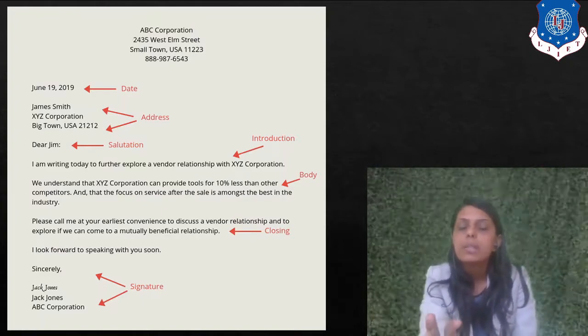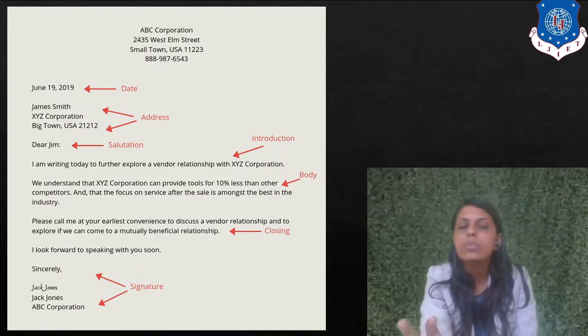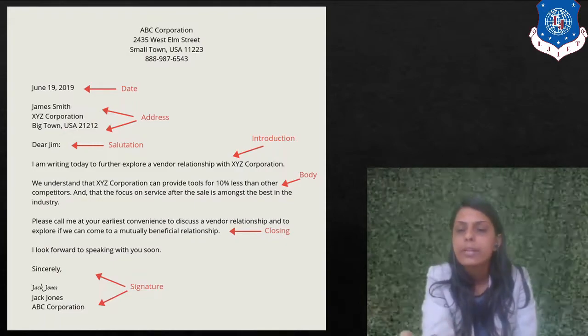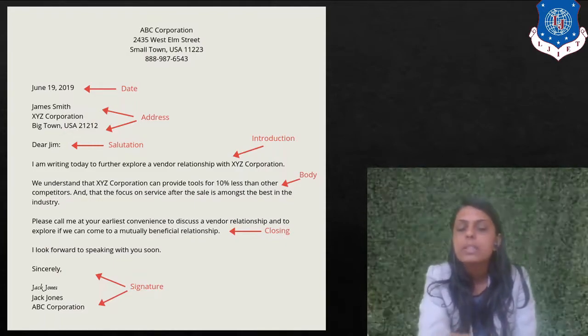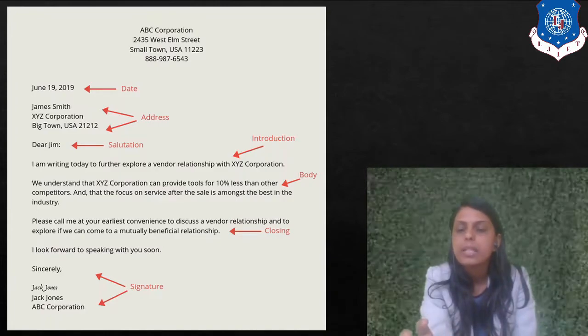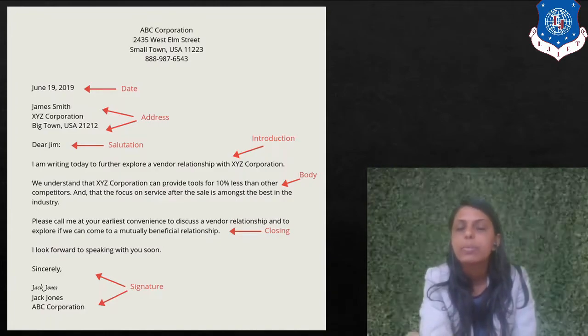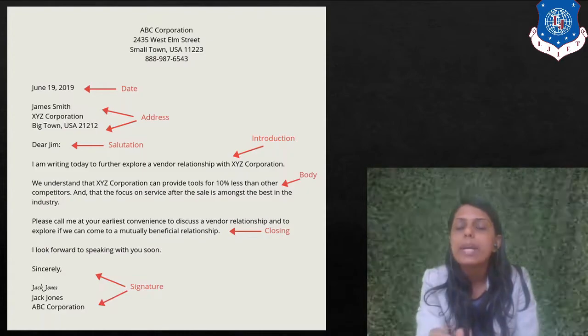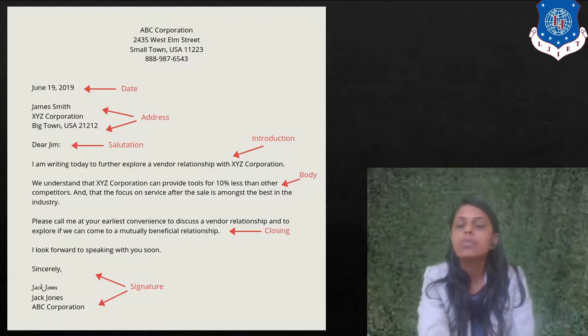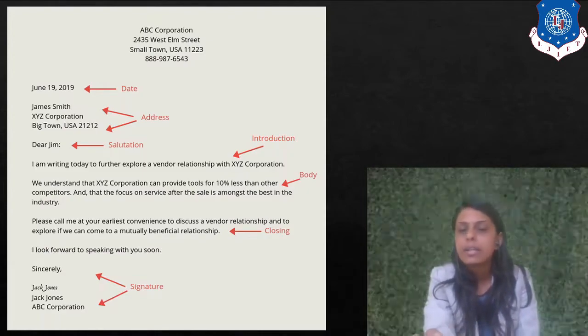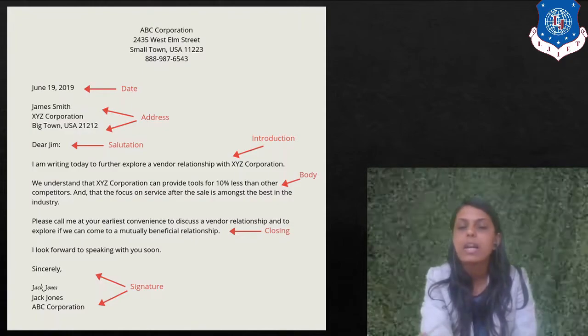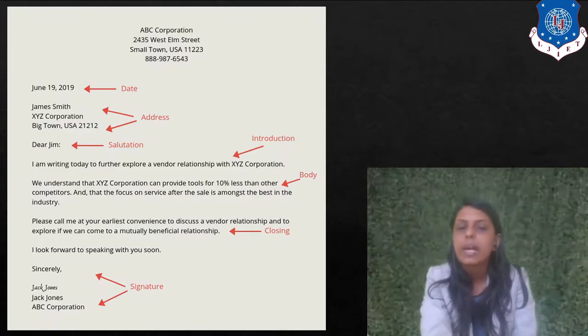In some styles of letter writing, you can write the sender's address as a header. You might have seen in a bill also there is the company's name and address in the header of the page. So you can write in this style, where the sender's address is at the head of the page.